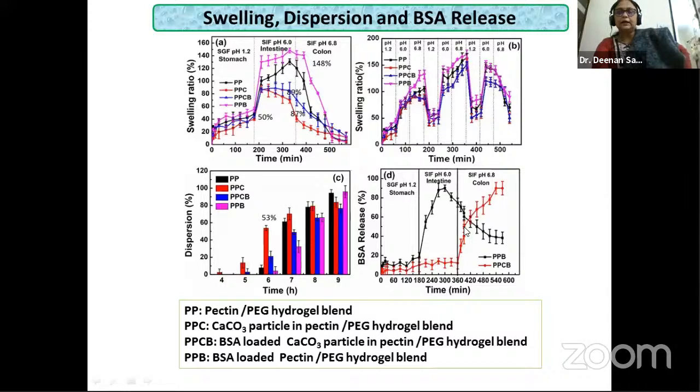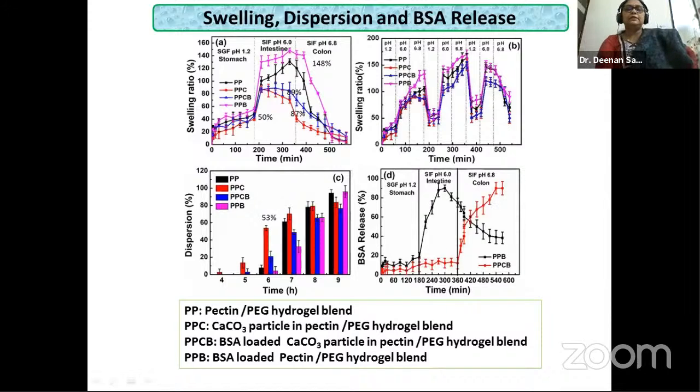On the other hand, with PPB only, wherever the BSA is there, the release is in the intestine itself. Here, only release in the colon. Very important. Degradability of the material is also there, so it is suitable for oral delivery.